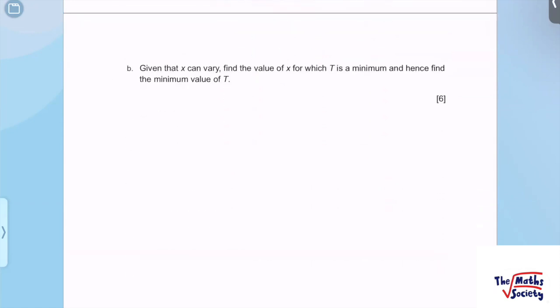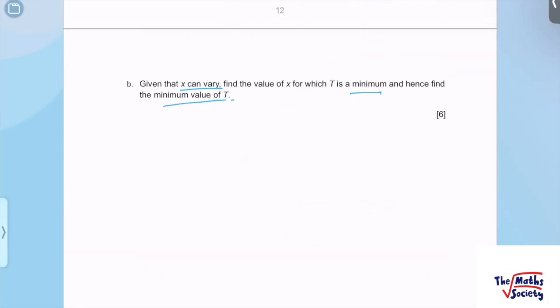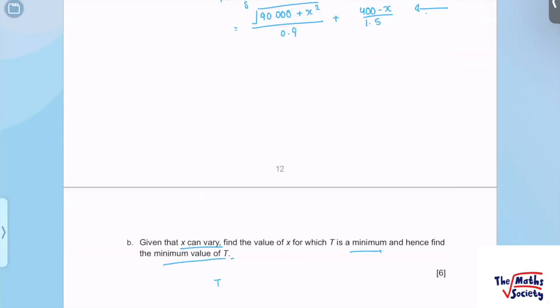And we'll move on to: given that x can vary, find the value of x for which T is a minimum, and hence find the minimum value of T. So we know that T was equal to the square root of 90,000 plus x squared divided by 0.9, plus 400 minus x divided by 1.5.